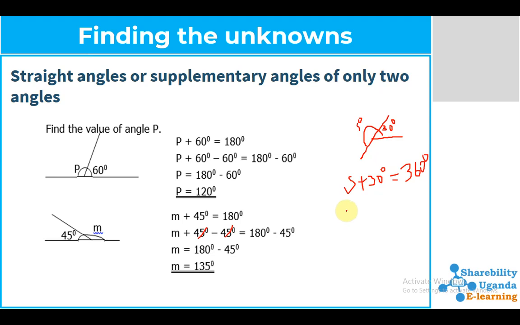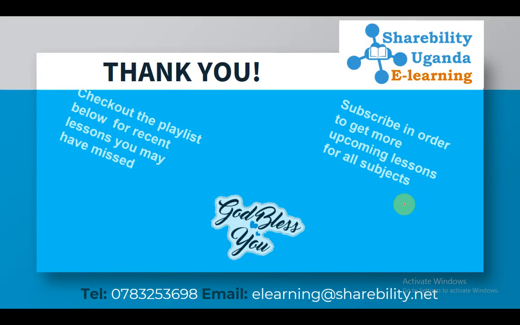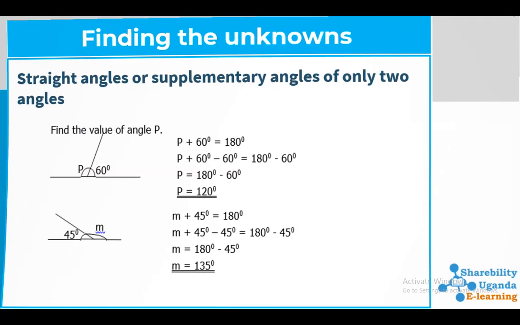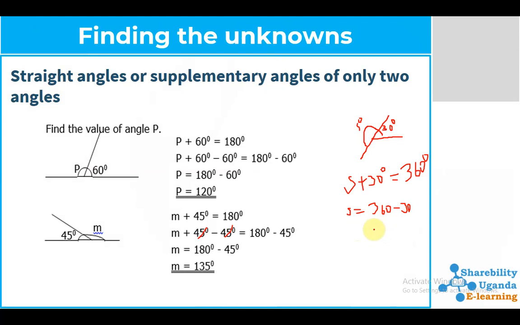Then we shall be able to say our s will be equal to 360 degrees minus our 30 degrees.